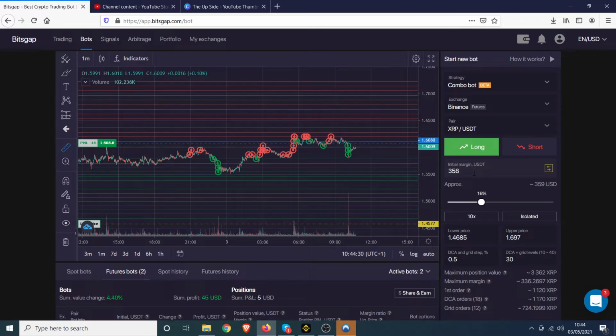You would lose all of that $358, but you wouldn't owe Binance anything. I know that might sound silly, but some people do ask me that, and that's fair enough if you've never used it before. You're not going to end up owing Binance hundreds or thousands of dollars. Binance close your trade for you when you reach zero, because they don't want to lose any money. They're happy for you to make money, but not happy for you to lose their money. So that's how derivatives work.